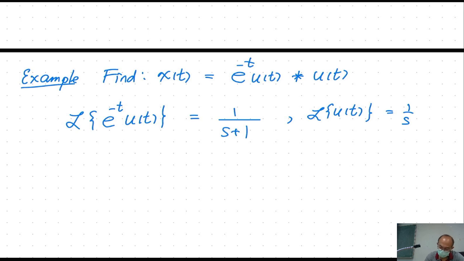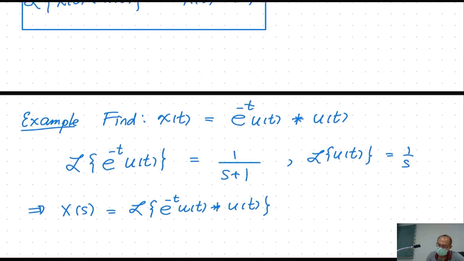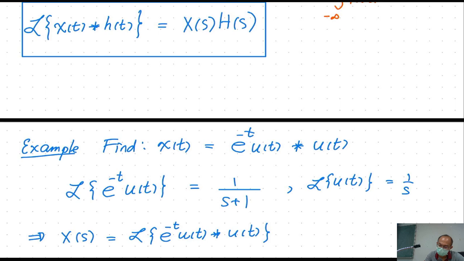So that means that in the S domain, the signal X(s) is the Laplace transform of e to the negative t u(t) convolved with u(t). Using this property, we have two functions convolved together, the first being e to the negative t u(t), the second being u(t).